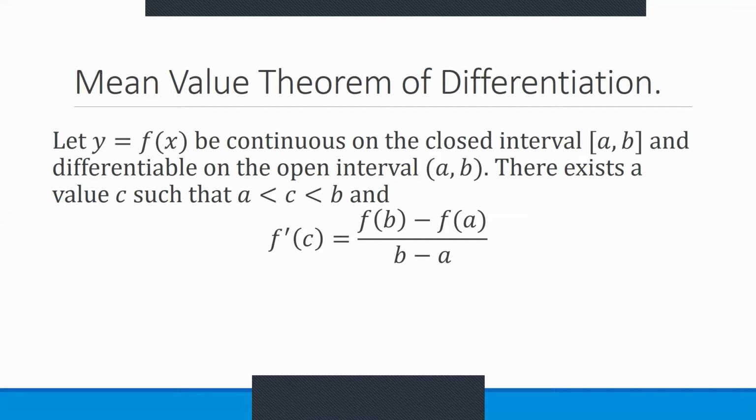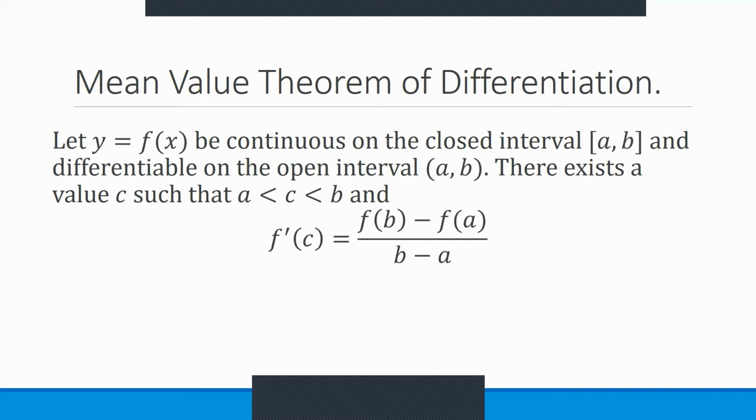If we have this, there exists a value c such that c is between a and b, and the instantaneous rate of change at c is the average rate of change on the closed interval.